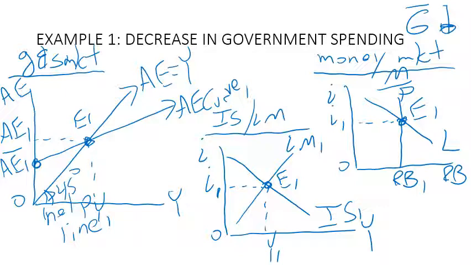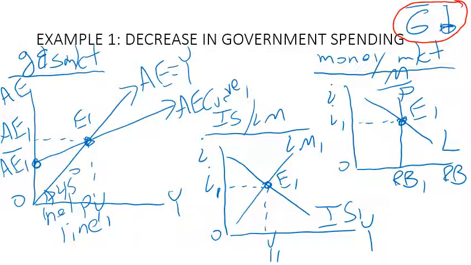And now in red, I'm going to deal with this event. So it's a decrease in government spending. Where does it start? Does it start in the goods and services market, or does it start in the money market? It starts in the goods and services market, as government spending is part of aggregate expenditures.